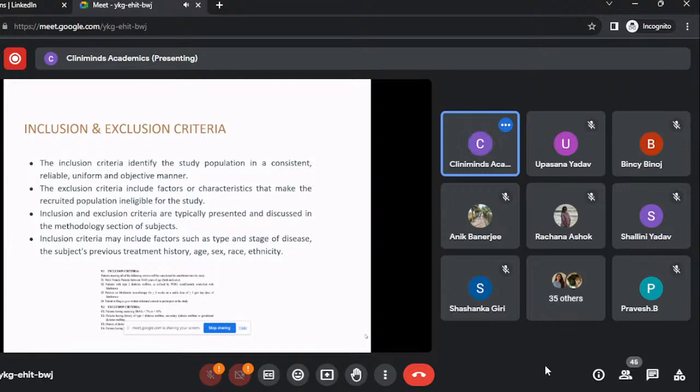Then, what is next? Ma'am, age. Age is inclusion, not exclusion. Age criteria is a part of inclusion only. History of disease. They can give a history of some disease condition.